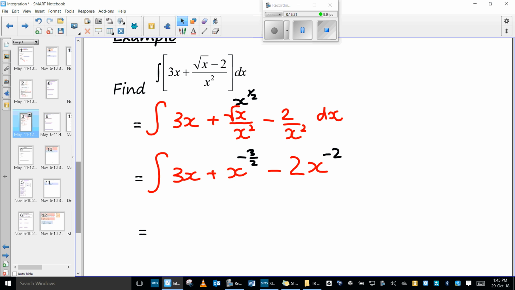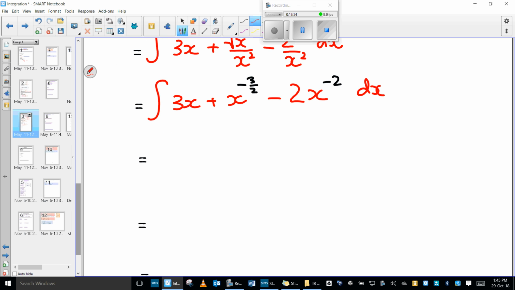Alright, so I still haven't done anything to my question other than rewrite it. Now at this point I can start integrating. So I don't need to write my integral sign any longer. Okay? So 3x, what does that become when we integrate it? 3x squared over 2. We're loving these ones, aren't we?